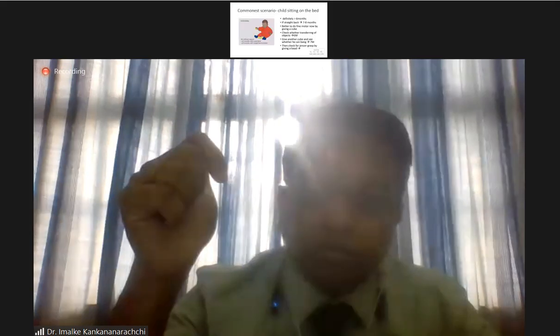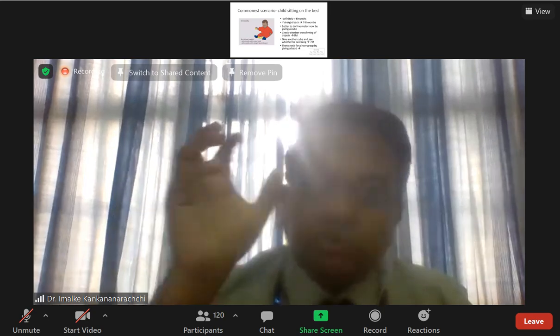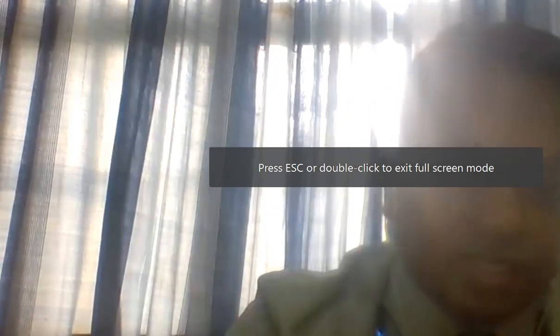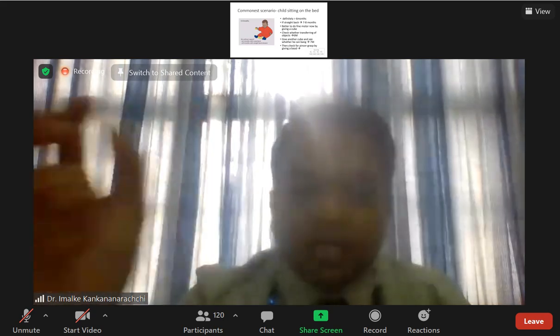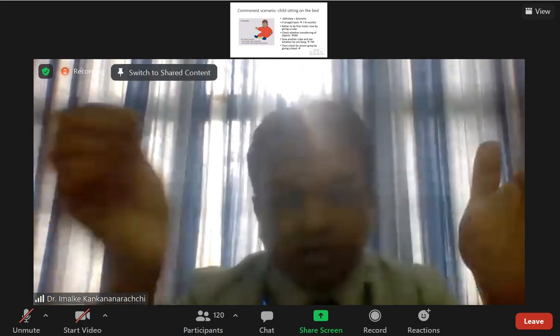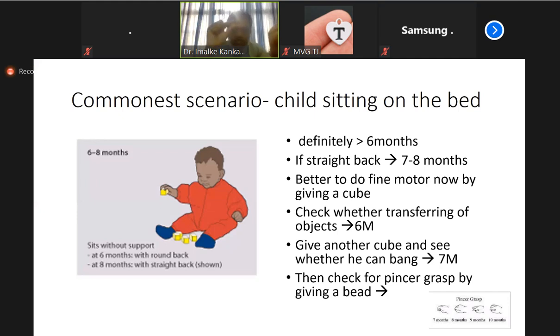So that's it. The first thing is the cube. With that, you could assess reaching for objects, grasping, transferring, and then banging. If banging is also there, around 7 months plus, then you give a bead for the pincer grasp. Up to now, you have not touched any gross motor thing.